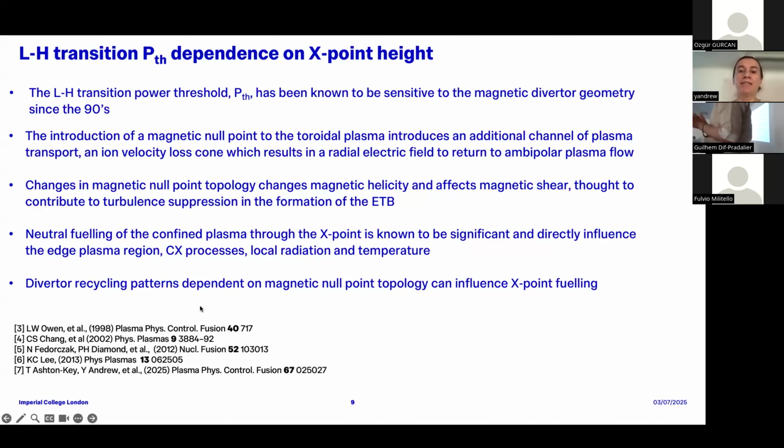And then the magnetic divertor topology, the magnetic null point location, can affect the divertor recycling patterns, which in turn can influence X point fueling and in turn influence the edge plasma. So these are things that we know. We are limited by the diagnostics able to measure in the vicinity of the X point to understand further what's actually going on.